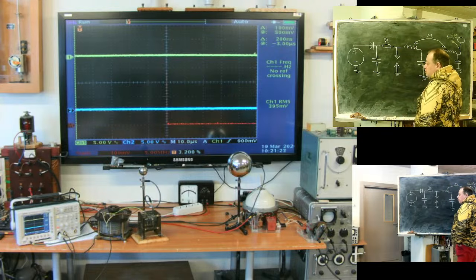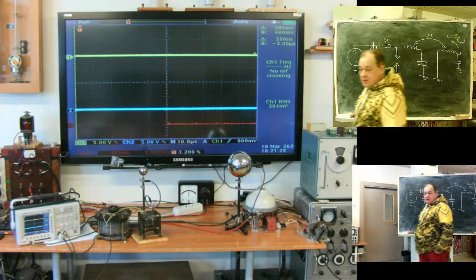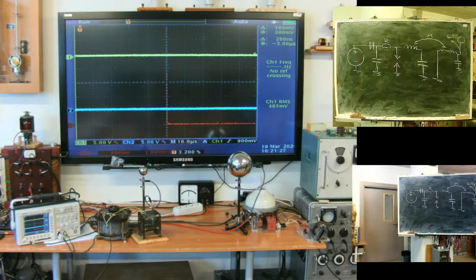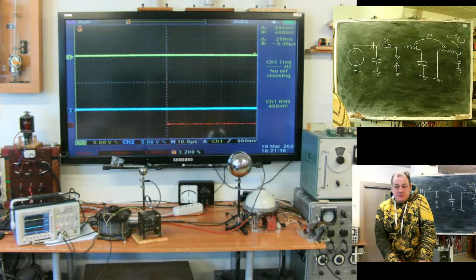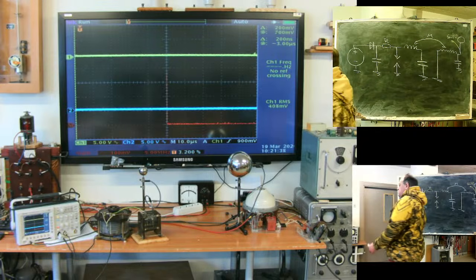Okay, that's not all. In my demo, this part is my Tesla transmitter. What do I have on the opposite side?